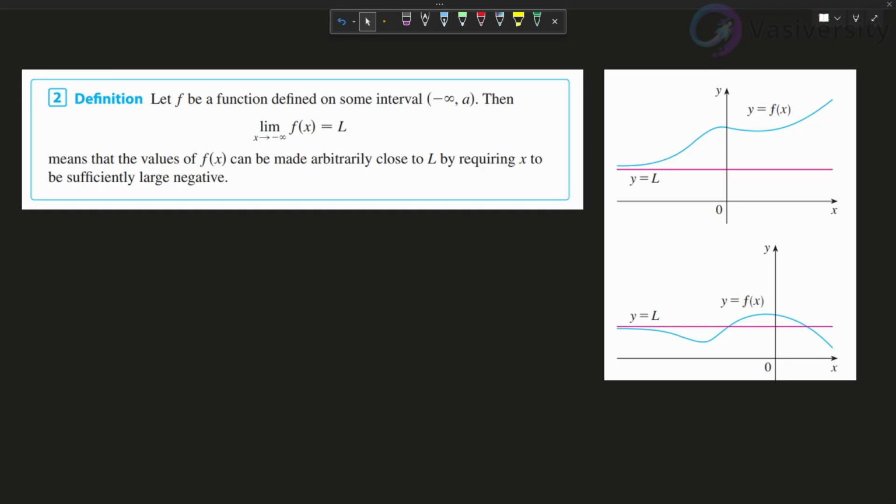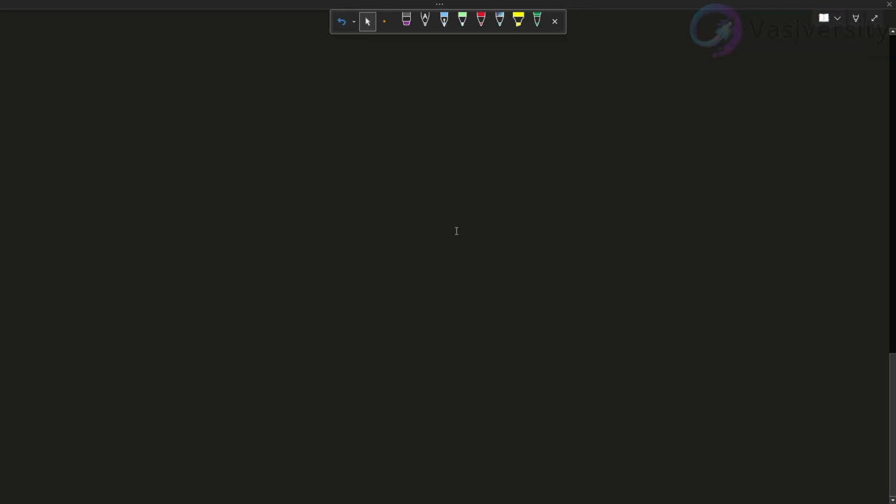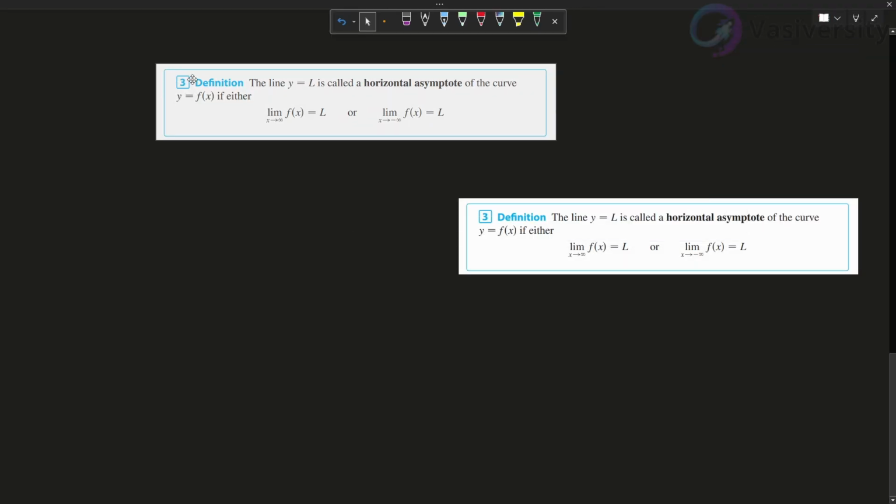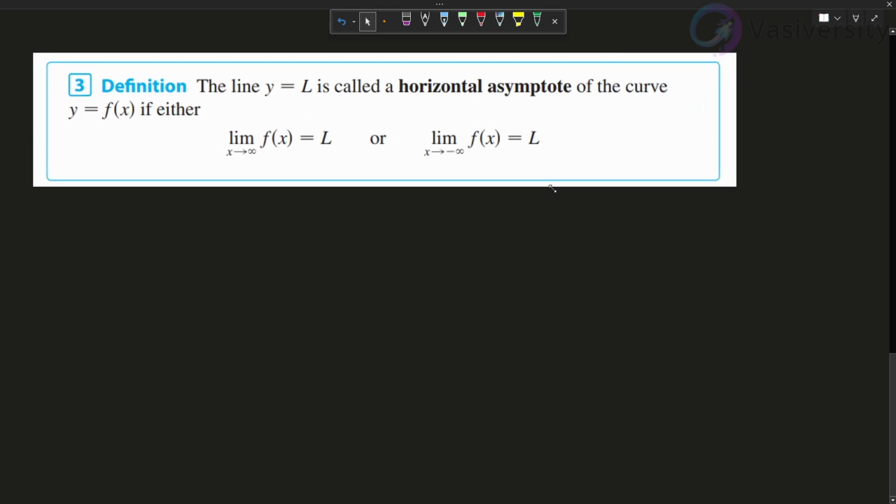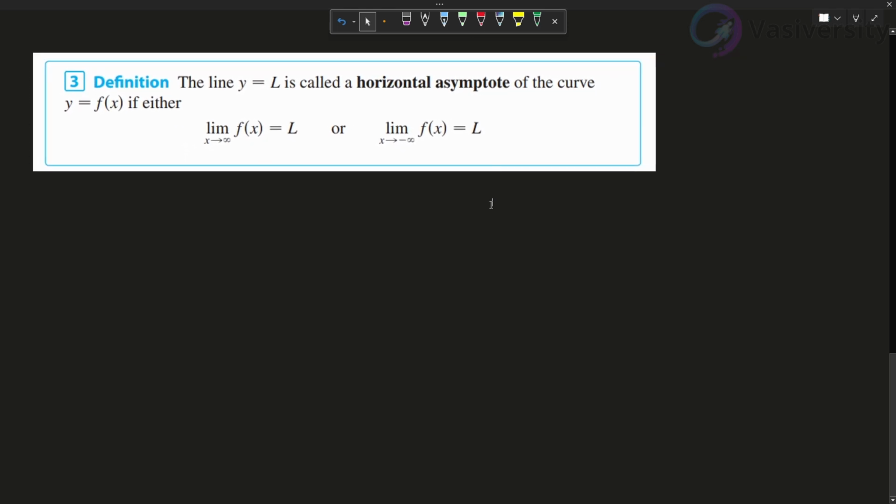A horizontal asymptote is the line y equal to L, and it's called a horizontal asymptote of the curve y equal to f of x if either the limit of f of x as x approaches infinity is equal to L, or the limit of f of x as x approaches negative infinity is equal to L.